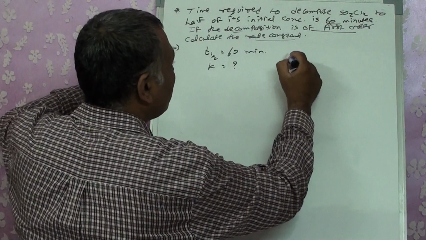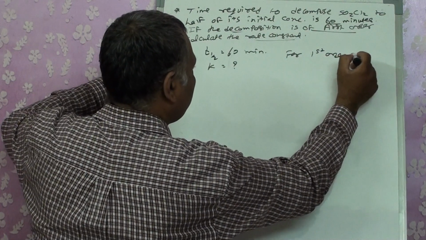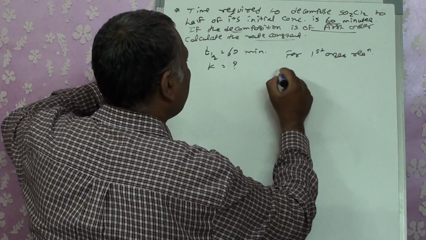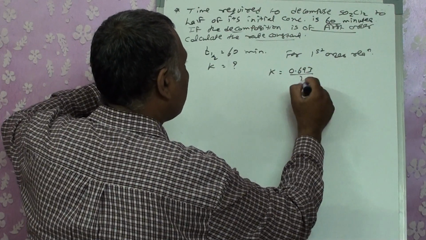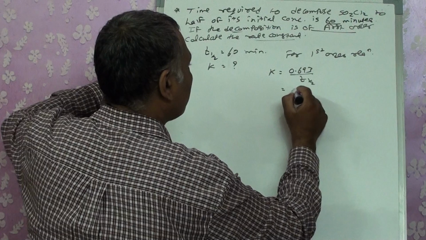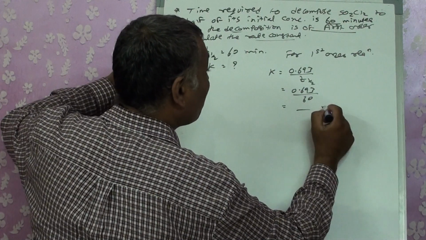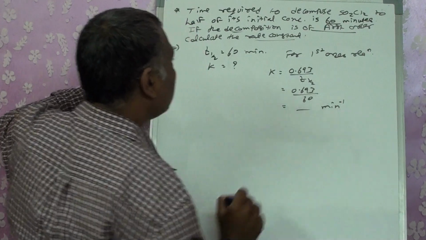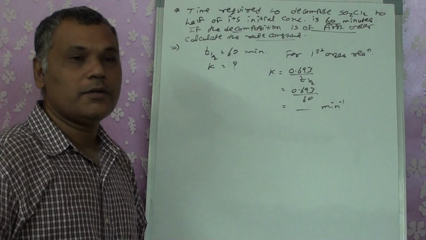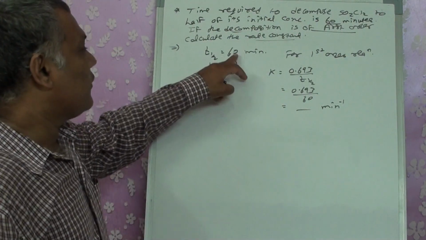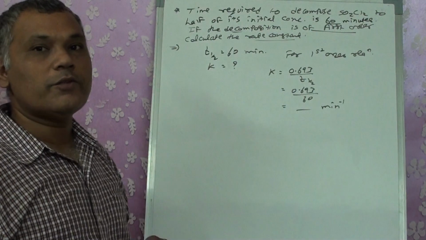So for a first order reaction, k = 0.693 / t half. You simply put the value and get the answer, but while writing it, be careful: the unit has to be specified. Here we are given 60 minutes, so k will be in terms of minute inverse.